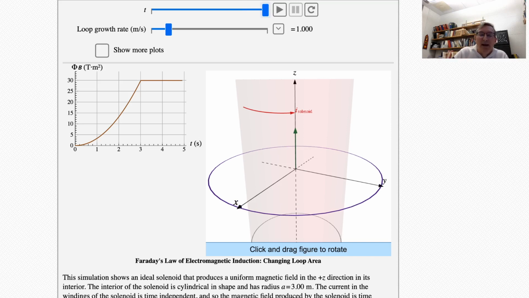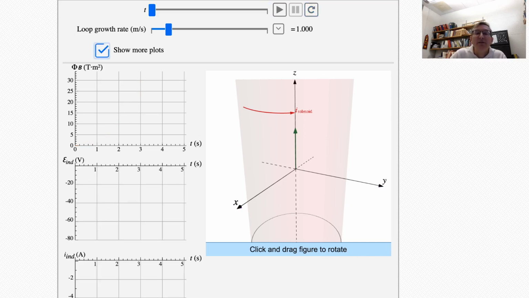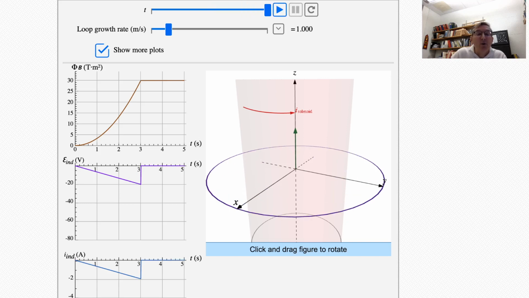All right, but I have a changing magnetic flux, at least for some amount of time, because of a changing area. Reset. Now I'm going to show more plots, and I'm going to see when there's an induced EMF in this loop. There it is in the second graph, but boom. The minute the flux is no longer changing, the induced EMF goes to 0.